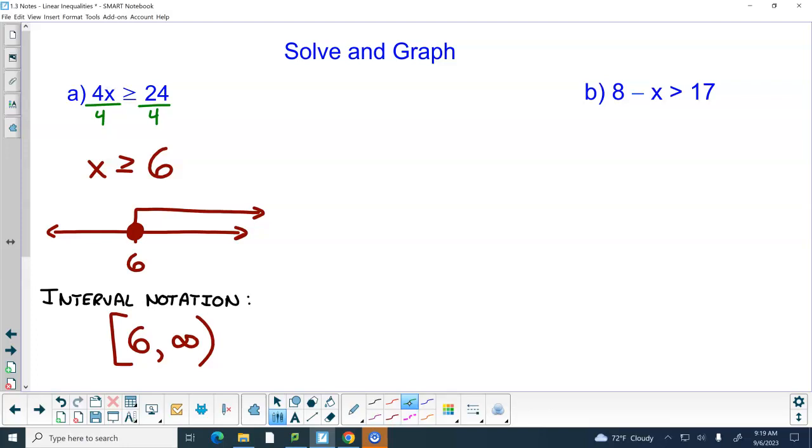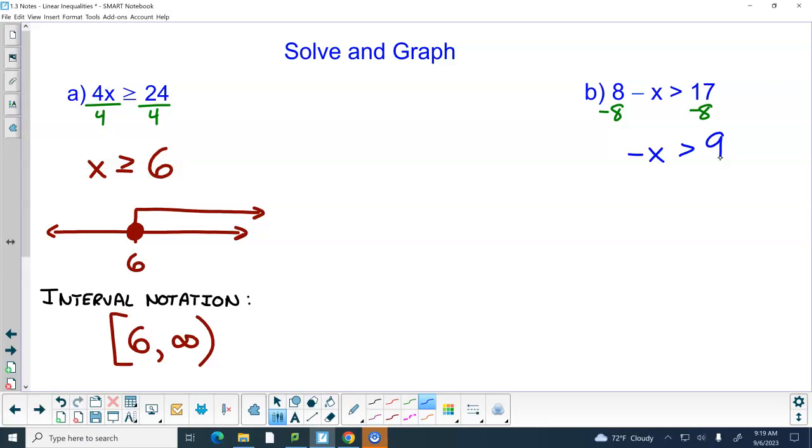Subtract 8 first from both sides. I love it. If I do that, then I have negative x is greater than 9. Yes? Okay? What would we like to do next, or are we done? Divide by negative 1.